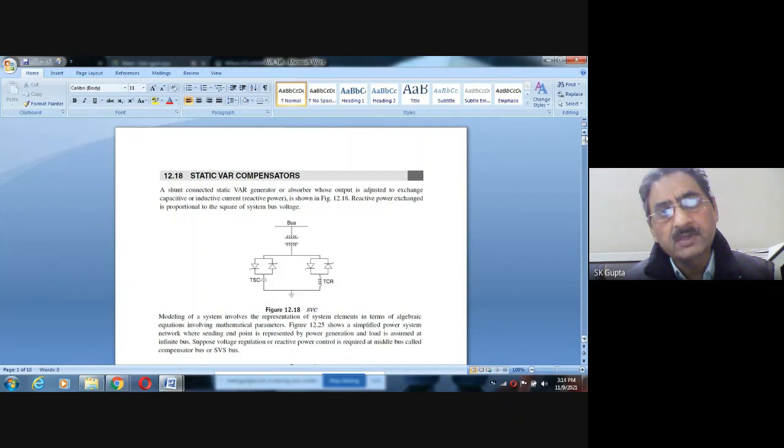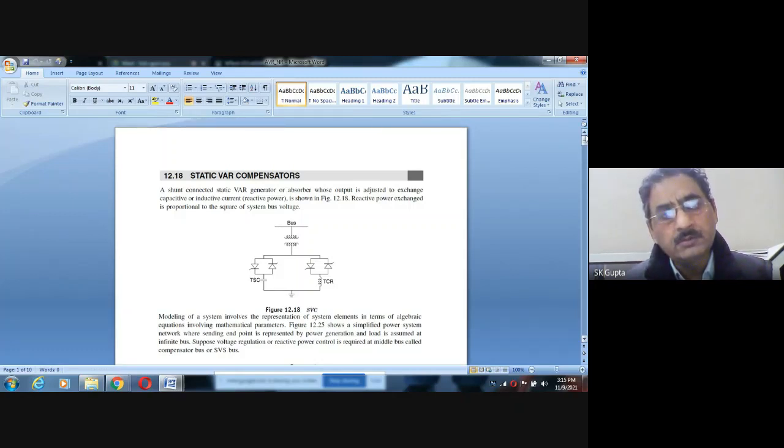But if the reactive power demand from that generator bus is more than its limit, say the load flow says the requirement is 25 MVAR, it cannot supply 25 because its limit is only 20.